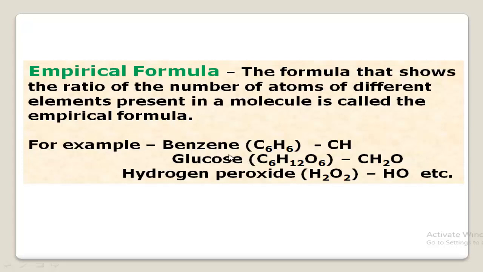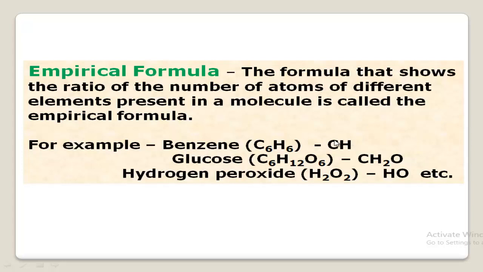For example, the molecular formula of benzene is what? Carbon 6, hydrogen 6. So what will be the ratio of 6:6? That is 1:1. So the ratio of carbon and hydrogen is actually 1:1. No need to mention the numbers here. So the empirical formula of benzene is carbon hydrogen, CH.